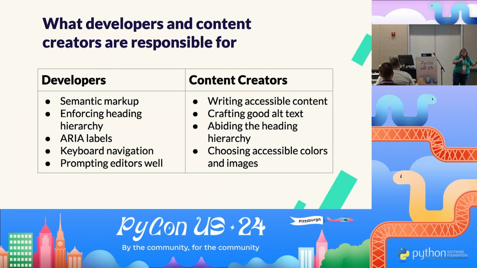Now, with content editors, their responsibility, depending on how much free rein you give them, is to make sure that they pick things like good contrast for colors, making sure the alt text is understandable and actually meaningful, and that they're picking out good images. They're following the rules that you set, because some of them will try and break them.